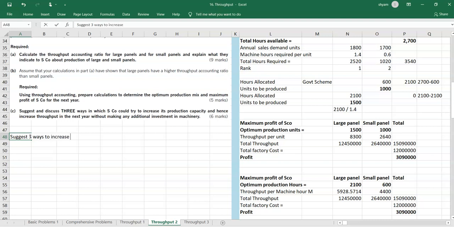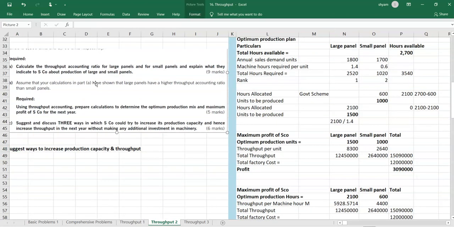Suggest three ways to increase production capacity and throughput. We don't need to put just three ways, we'll try to find as many ways as possible.